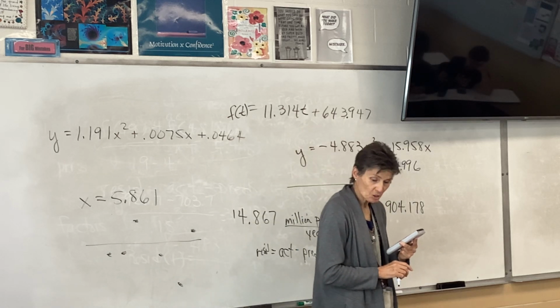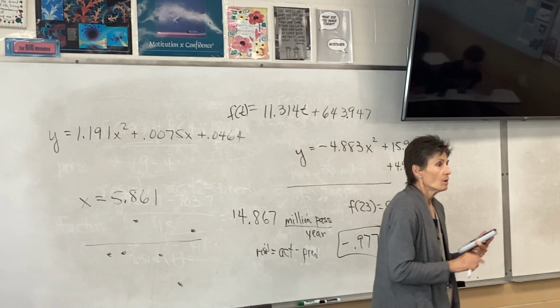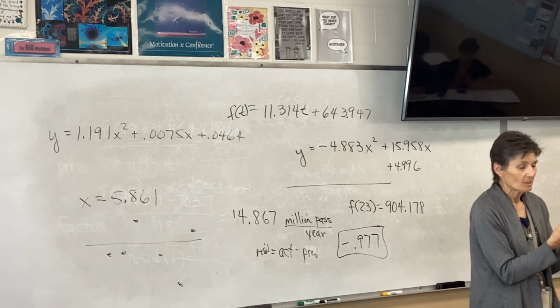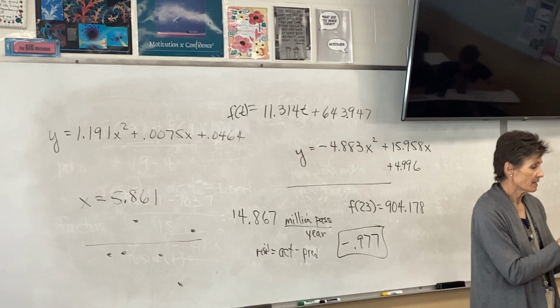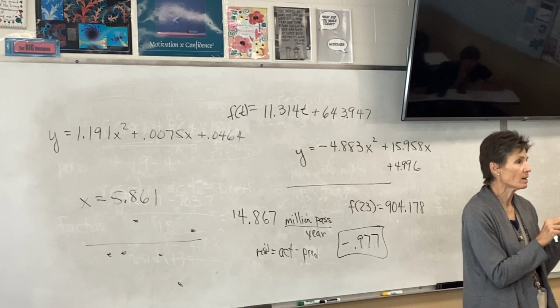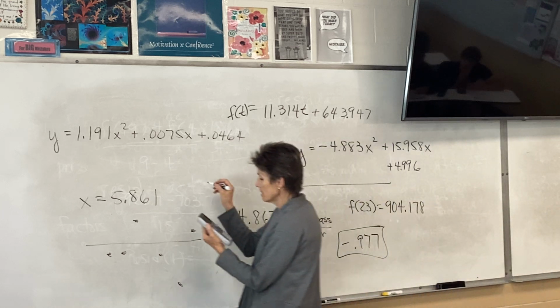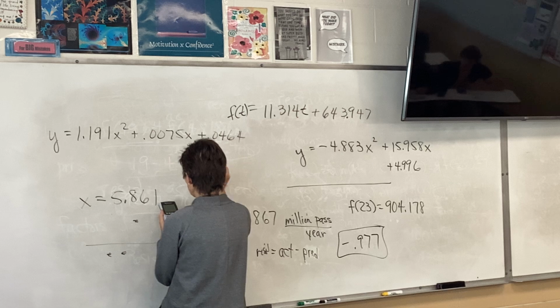What is the residual for 4? Well, there are two ways you can do that. Since you're looking at the plot, you could just press trace and arrow over until you got to where x is 4. And it looks like the residual for 4 is negative 0.234.